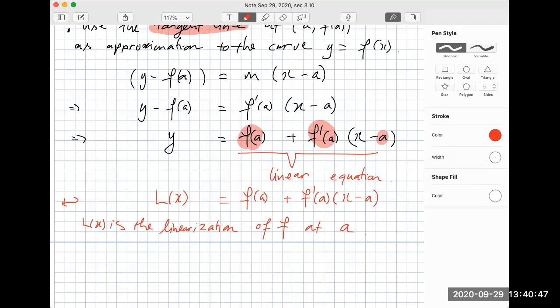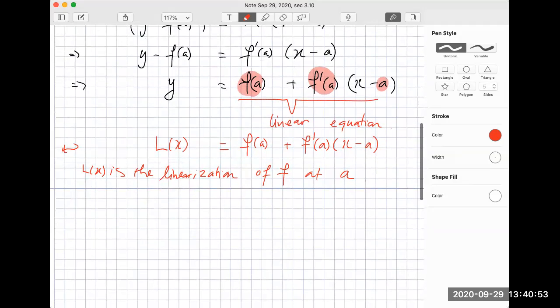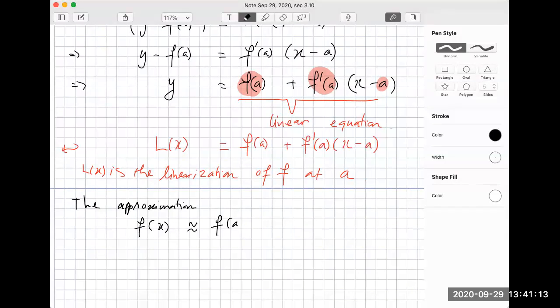It means that the function f(x) is approximated by f at a plus f prime at a times x minus a. Sometimes we call it the tangent line approximation.